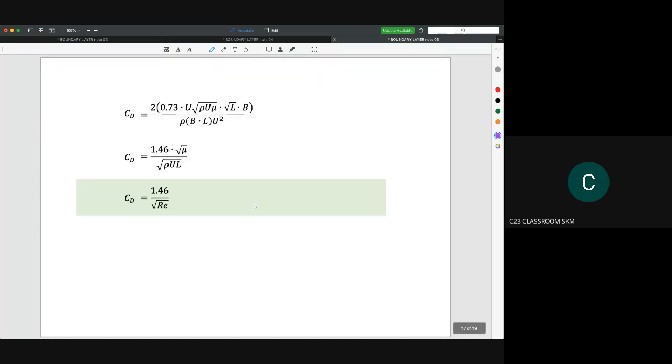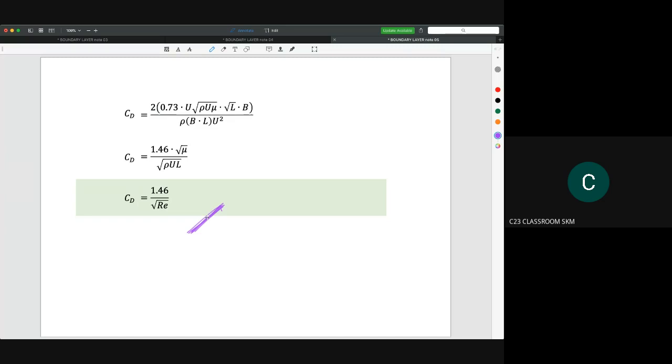If you simplify that equation, finally you will get CD equal to 1.46 over the square root of the Reynolds number. This is the drag coefficient for the second order velocity profile.